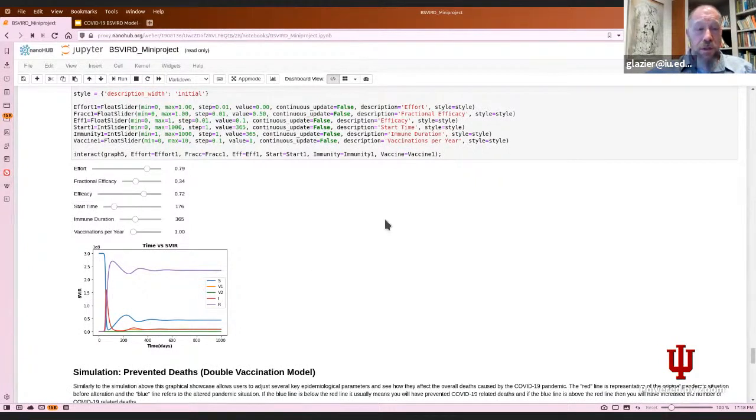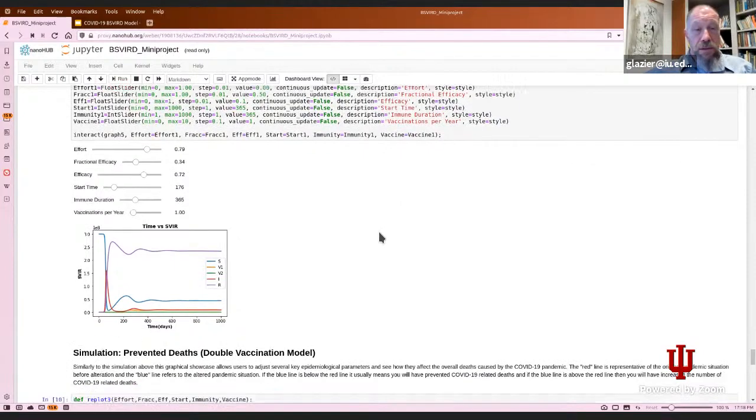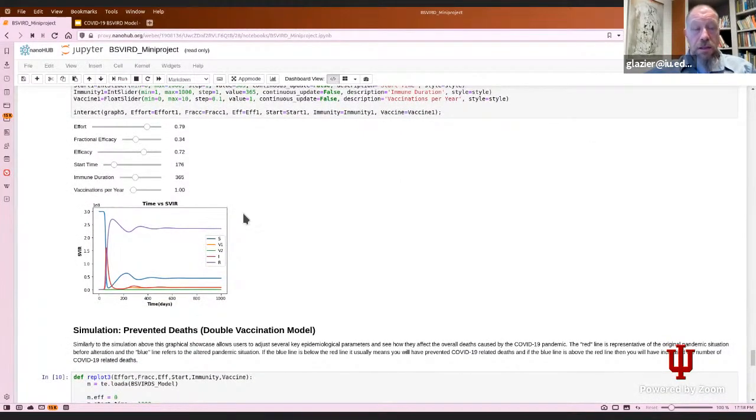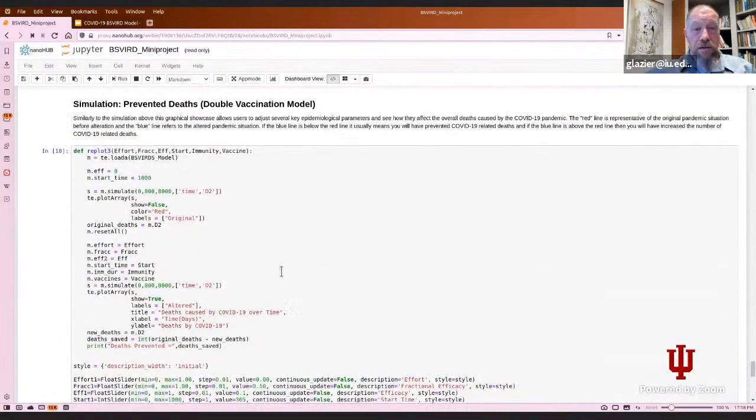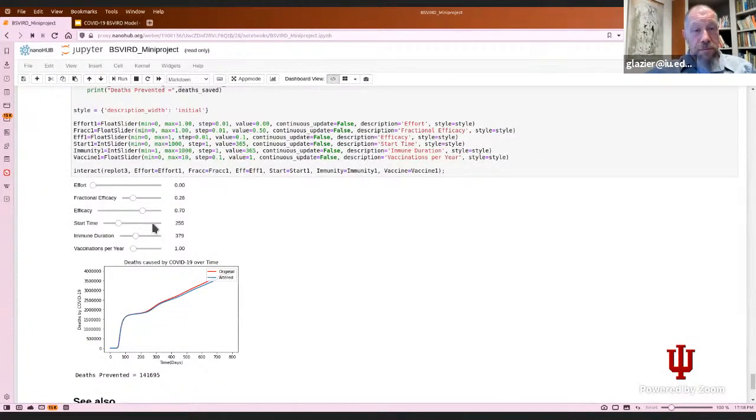But there was a question where if you have a large number of people with a single shot, they're certainly more susceptible than people with two shots. And so it's not obvious whether you were better off having a quarter of your population double vaccinated or half of the population single vaccinated, for example. And so maybe that kind of question could be framed more specifically, and then that could be tested with those sliders.